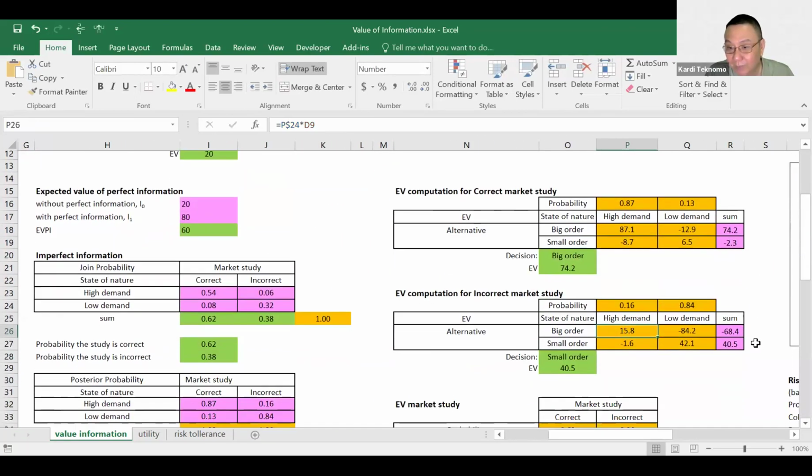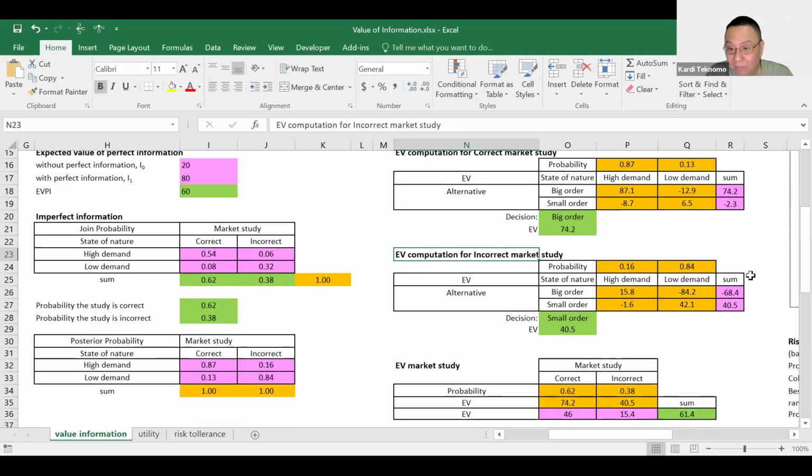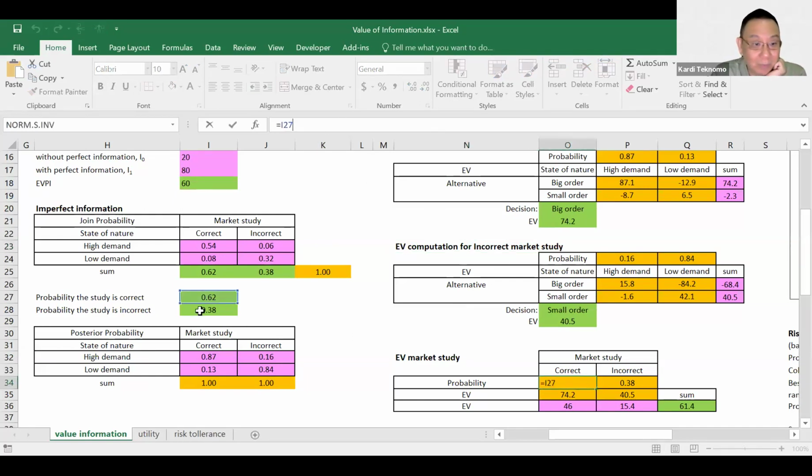Yeah. So this is the computation for correct market study, incorrect market study. Okay. And after that you combine, right? So we have the correct and incorrect market study. So this one is just a combination of this, 62. Okay.